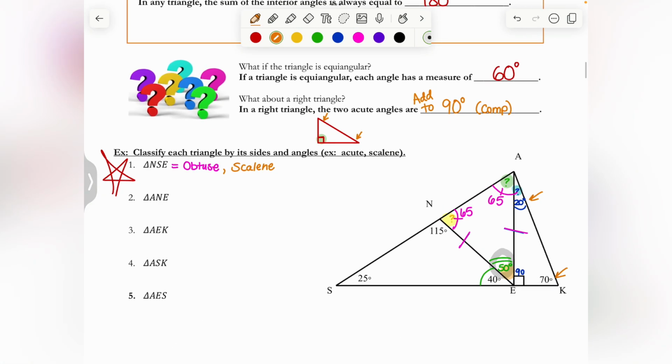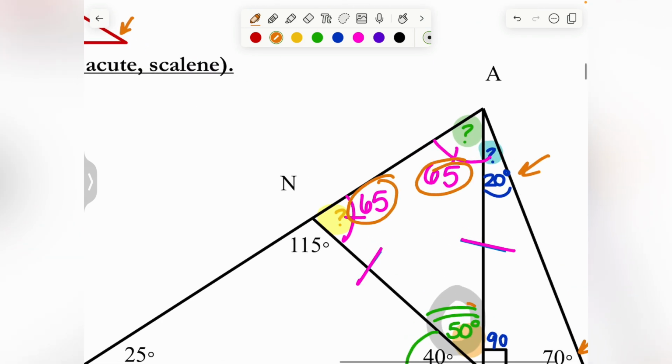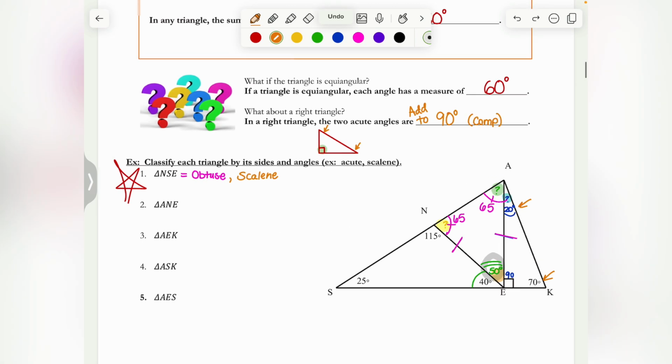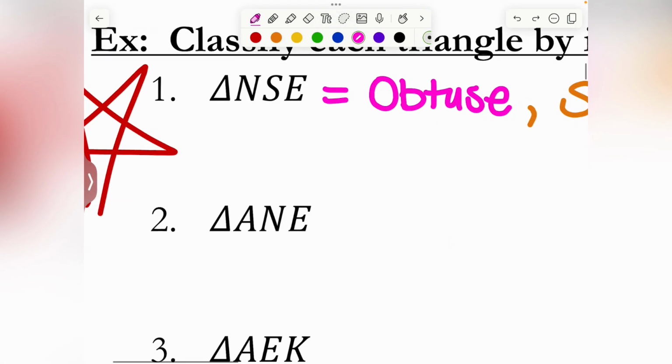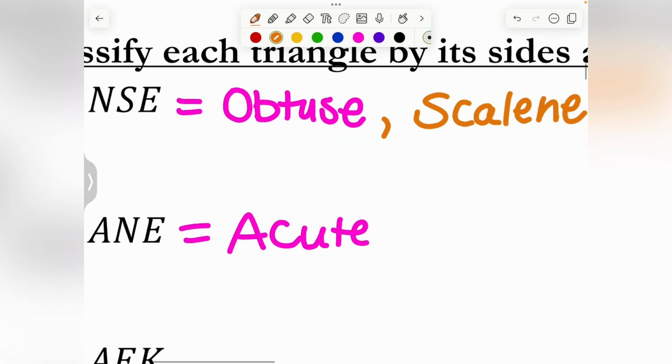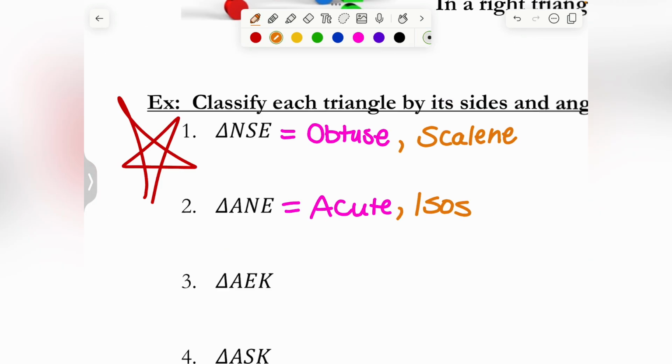Next triangle is ANE. ANE is this middle triangle, and that is an isosceles triangle because two of the sides are marked congruent. If you look at the angles, they are all acute angles. So this is an acute triangle, and it's isosceles because two of the sides are equal.